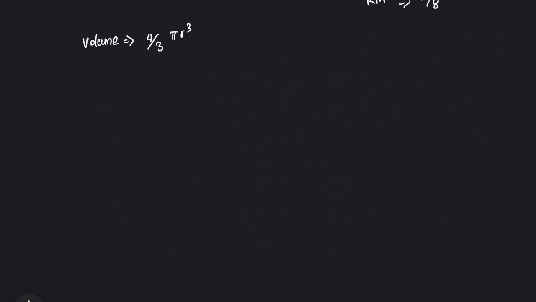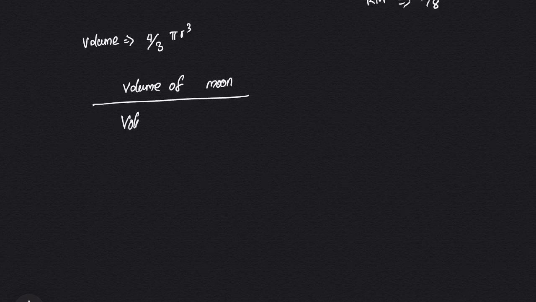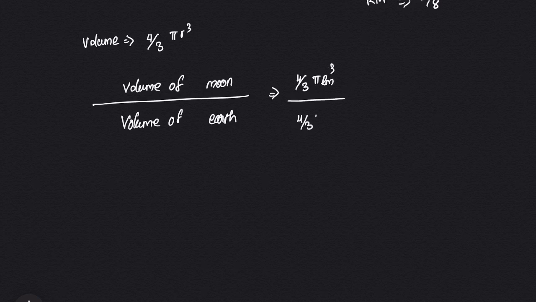We need to find the ratio: volume of moon divided by volume of earth. So 4 by 3 pi, moon means rm cube, divided by 4 by 3 pi, earth means re cube.